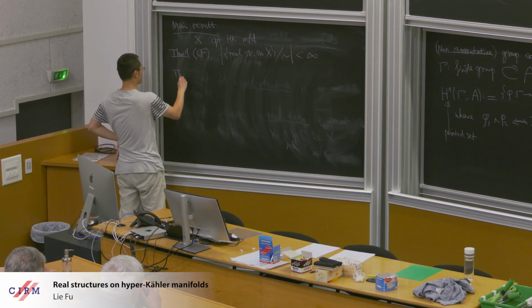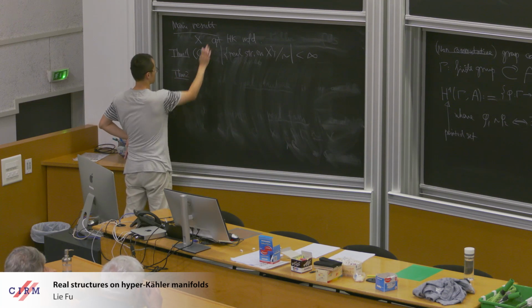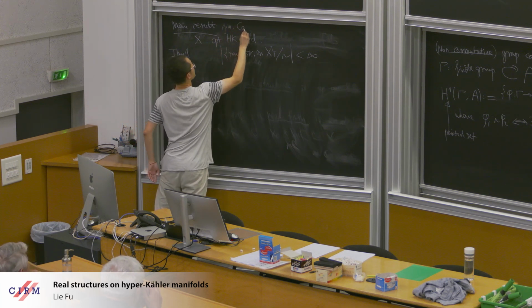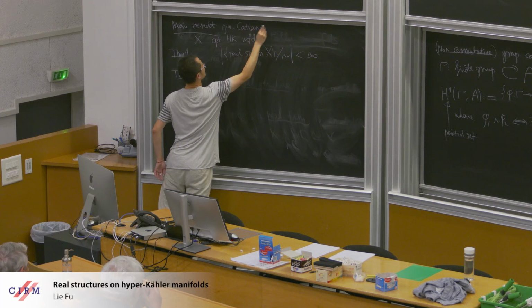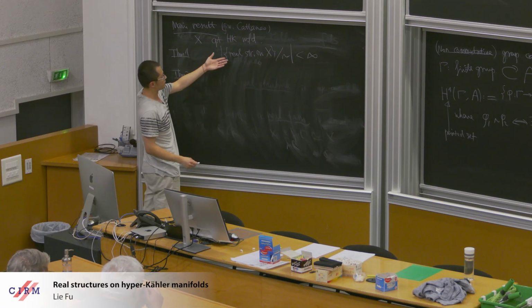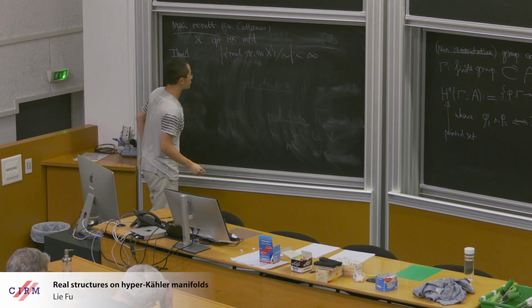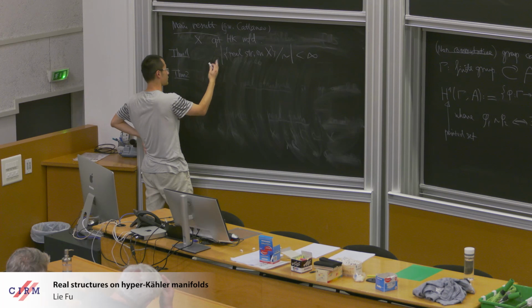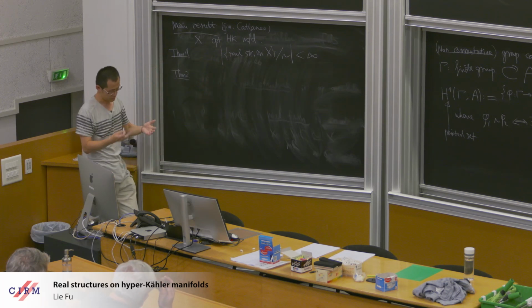Okay, theorem 2, it's also joint with Daniel. Theorem 2 is that it's actually not just about real structures. It's about some finiteness result of the automorphism group.